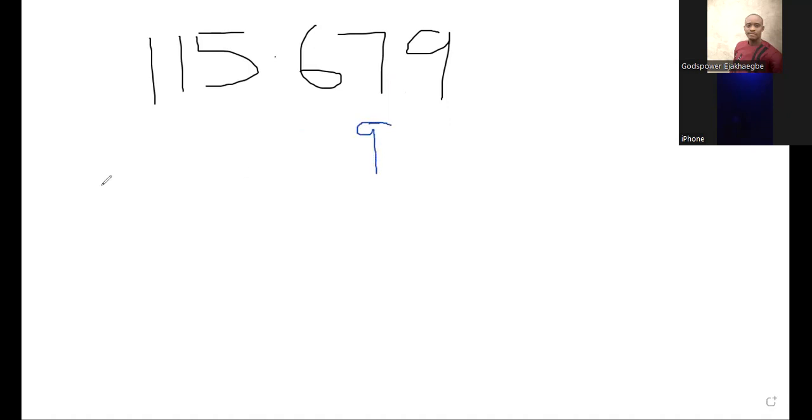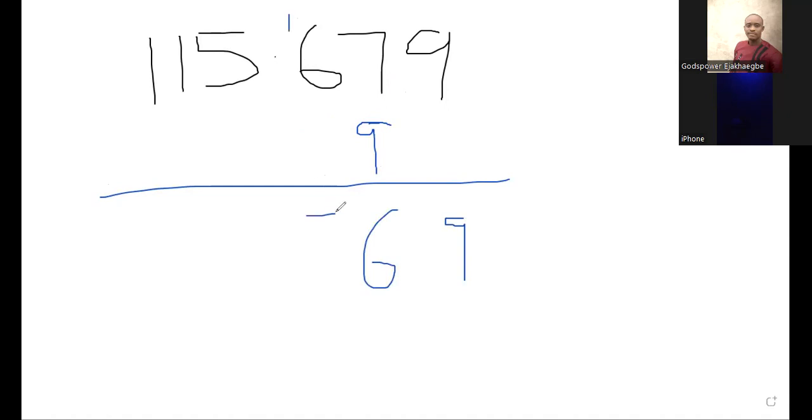So of course, if you do your mathematics, 9 will come down. 7 plus 9 is 16. 6, 1. 1 plus 6 is 7. And 1 comes down. 5 comes in. 1 comes in. And 1 comes in. Can you see? That is exactly what is talked about yen pairs.